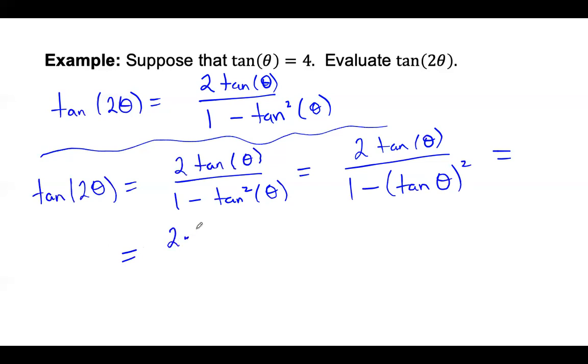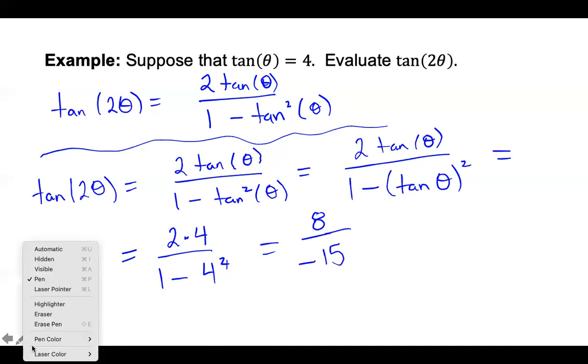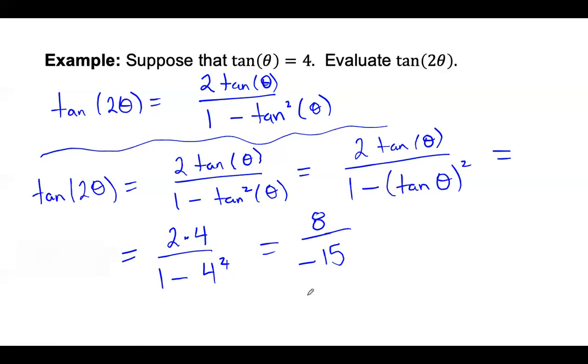So that's 2 times 4 divided by 1 minus 4 squared. So 2 times 4 is 8. 4 squared is 16, so 1 minus 16 is negative 15. So that is our answer.